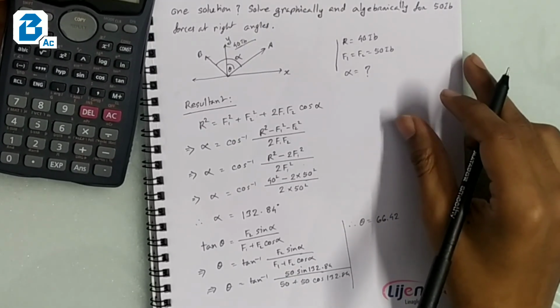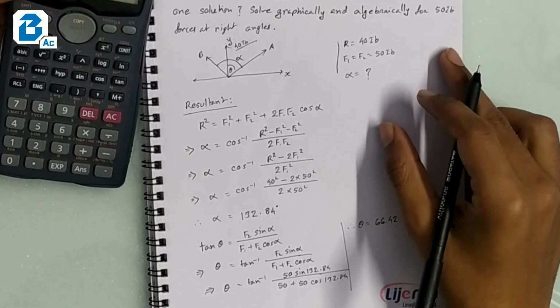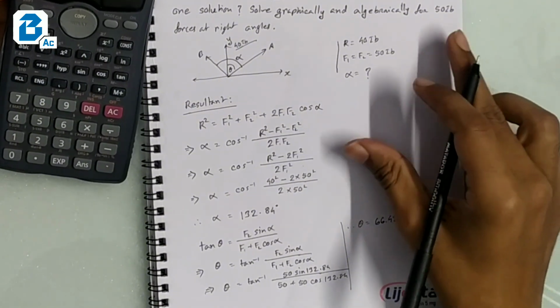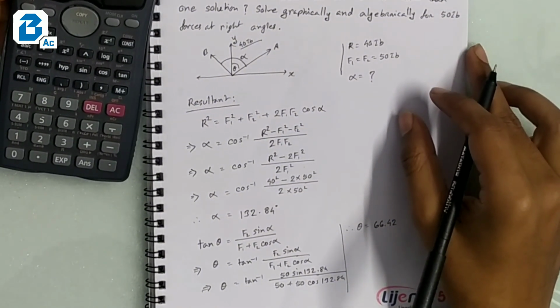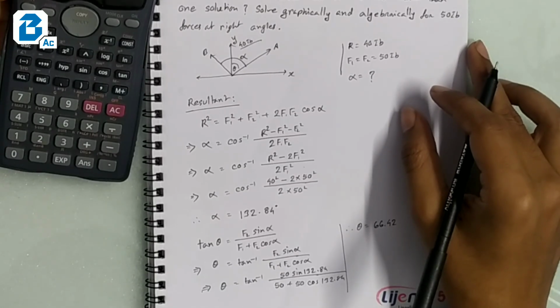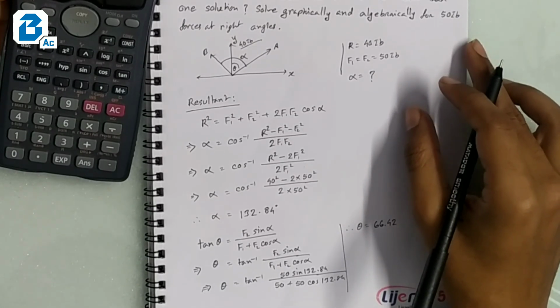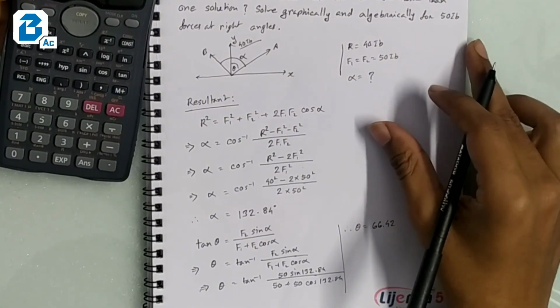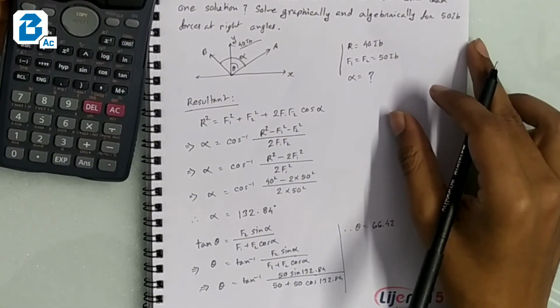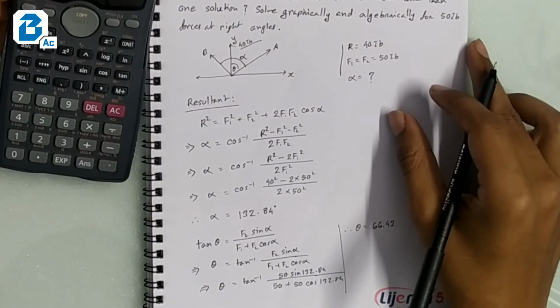And the question also says, is there more than one solution? And we can say that there's no more solution than this one, because our forces magnitudes are fixed. So there's only one angle which is the right for this problem.